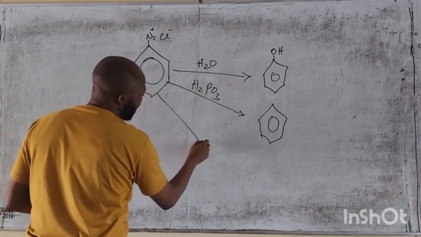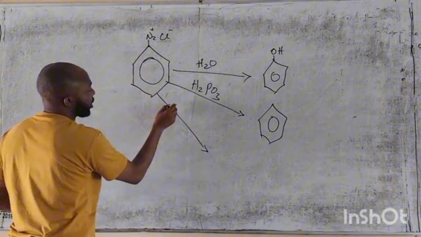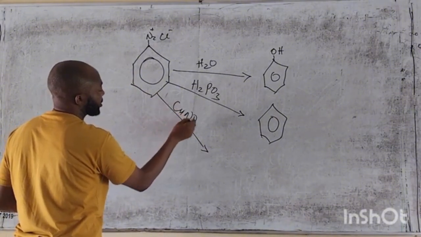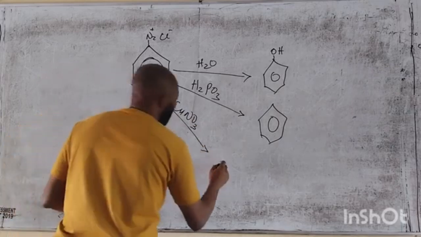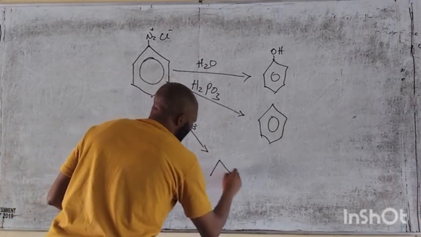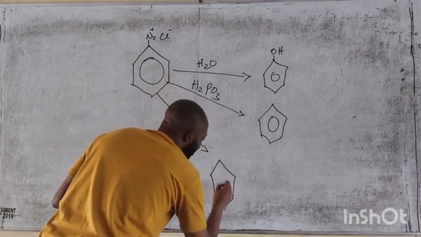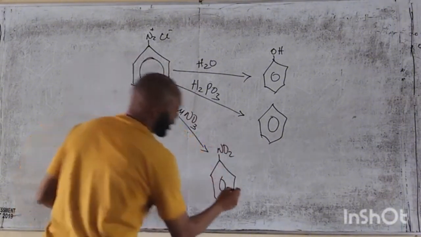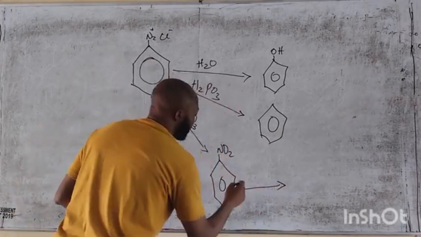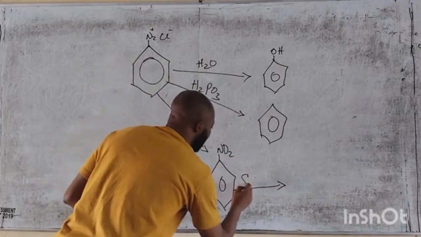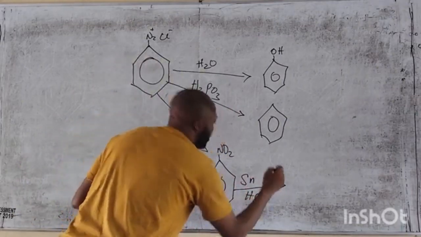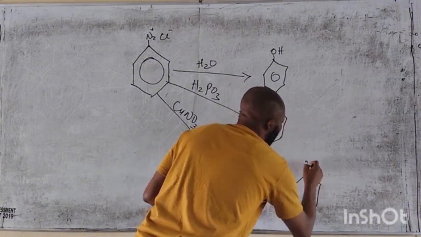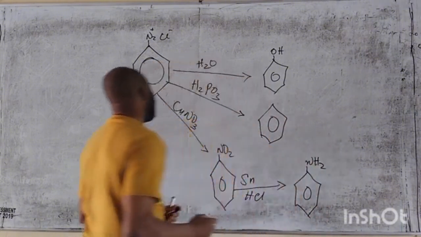If I react this with copper nitrite, I will have a nitro group. And if I react this nitro group with tin in the presence of HCl, I will have an amino group, NH2. See how important this guy is.